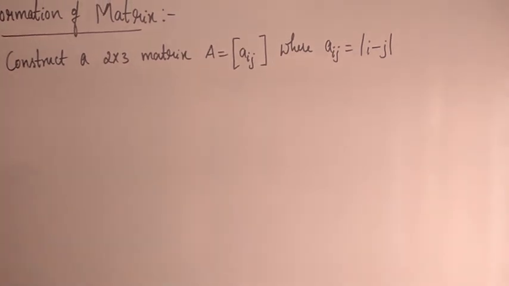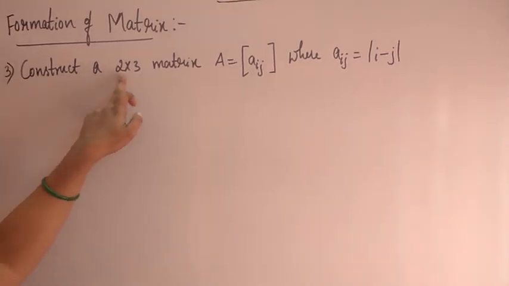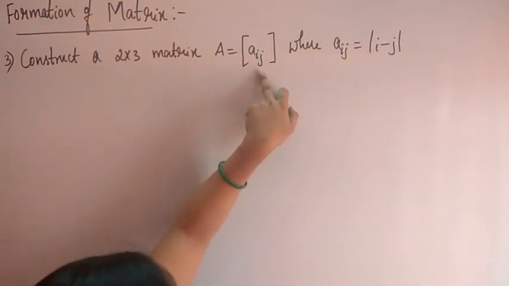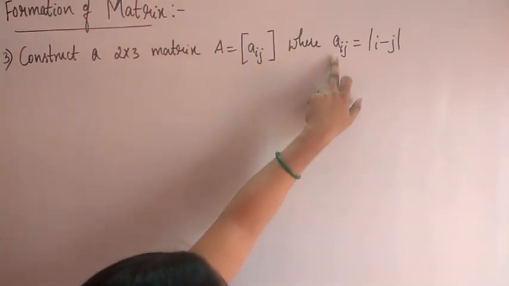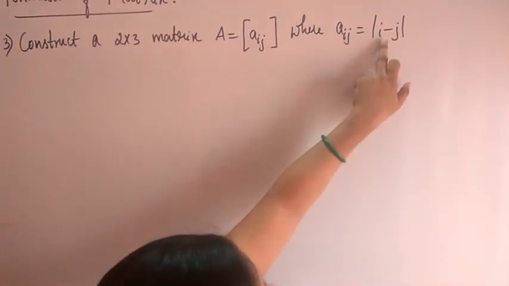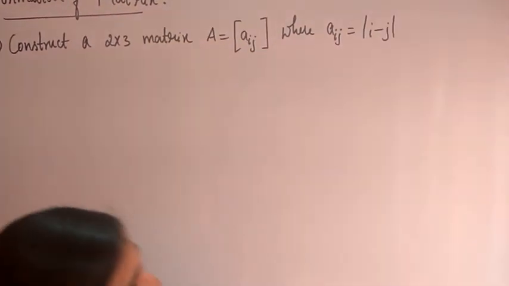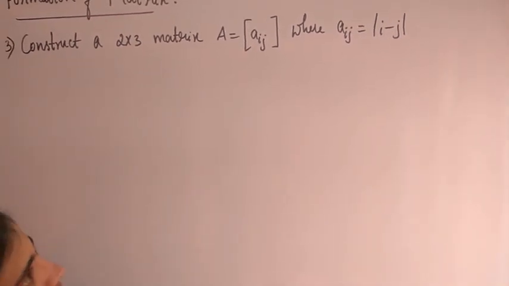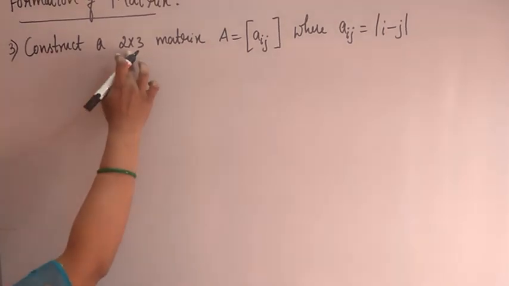So matrix A is given in the general form where each element Aij is in the form of modulus of i minus j. Modulus means if we get the negative value, we have to write it in the positive because there is a modulus. Okay. 2 cross 3.